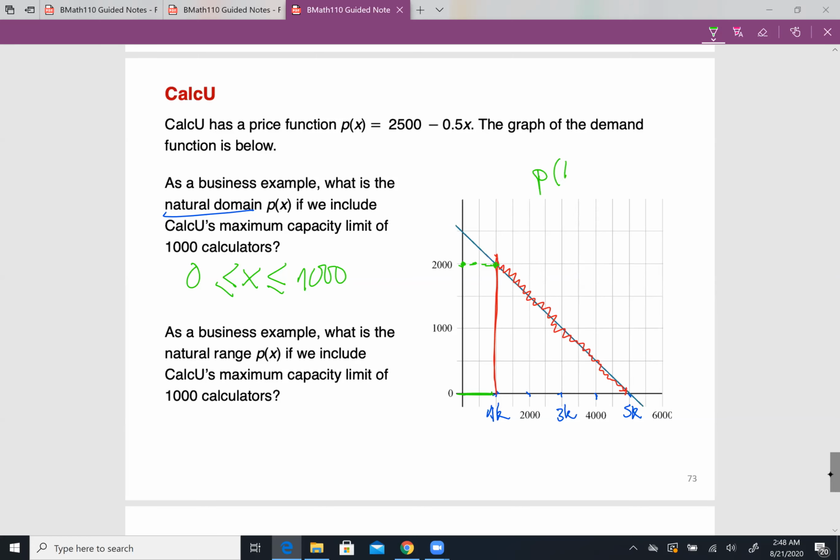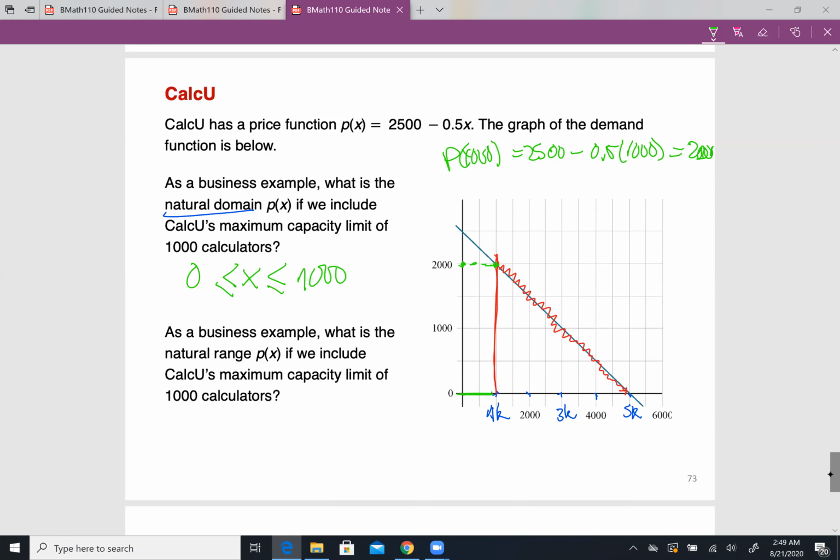So P of 1,000 equals 500 minus 0.5 times 1,000. Now use a calculator, it should be 2,000.